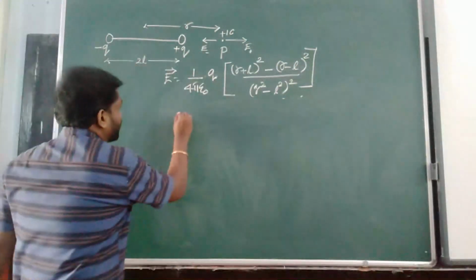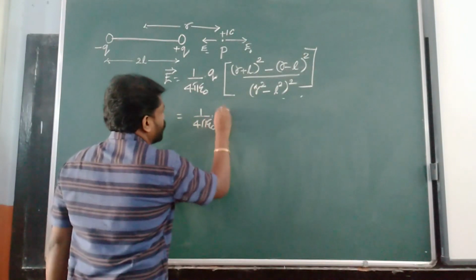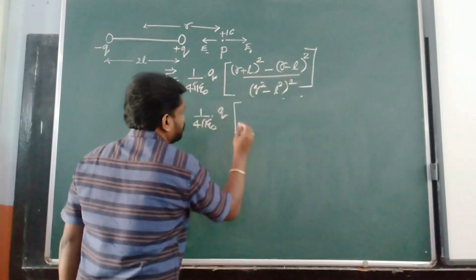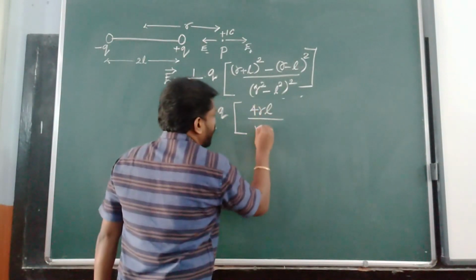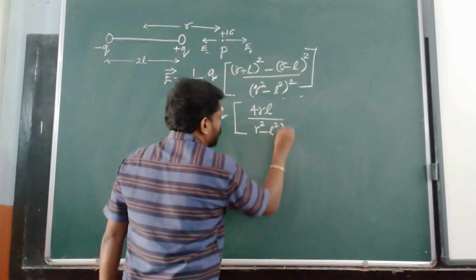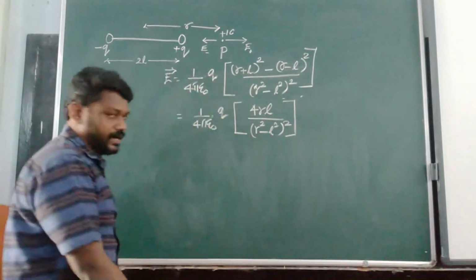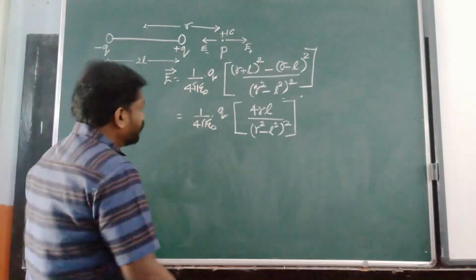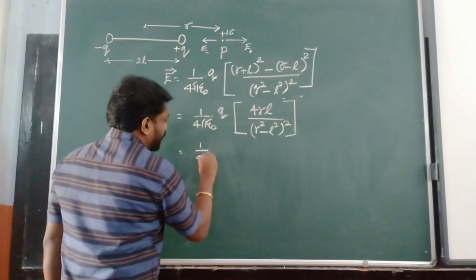So this will become 1 by 4 pi epsilon 0 q into 4rl divided by (r square minus L square) whole square. There is no change at all there in the denominator. Okay, now you can write this as 1 by 4 pi epsilon 0.